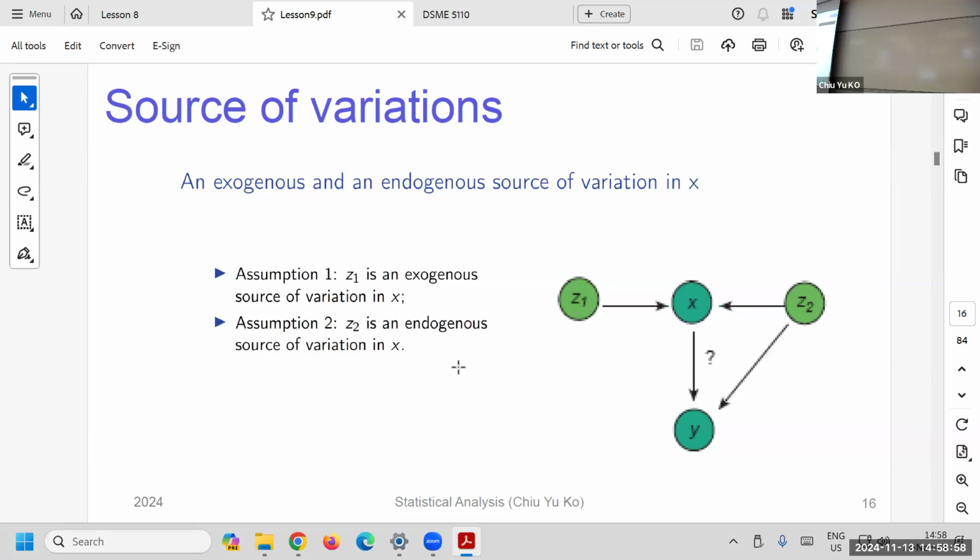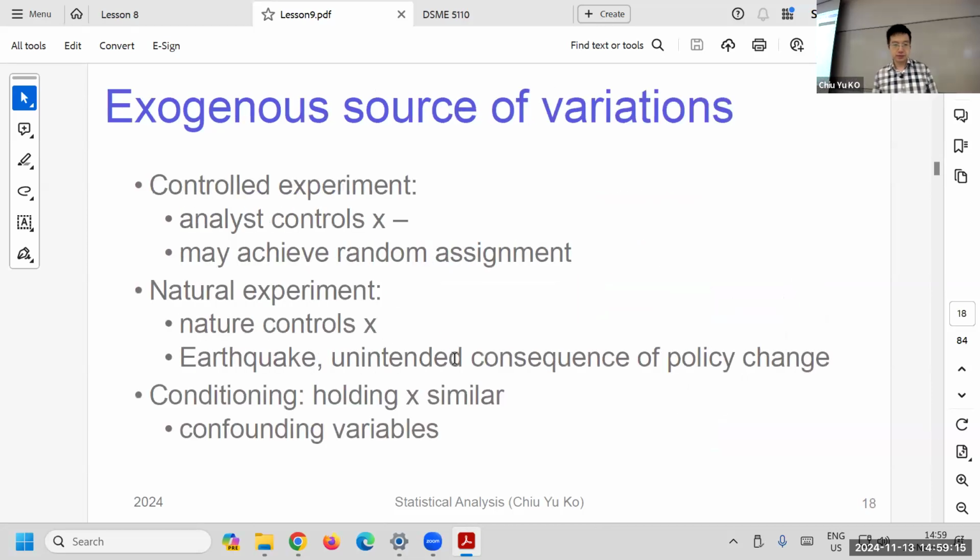If the science tells me there's an IQ gene, and suppose I have that, then I run the regression of income on the gene, and that will be fine. High IQ leads to the master program, and then that will be fine. So that would be the case. But later we will see.